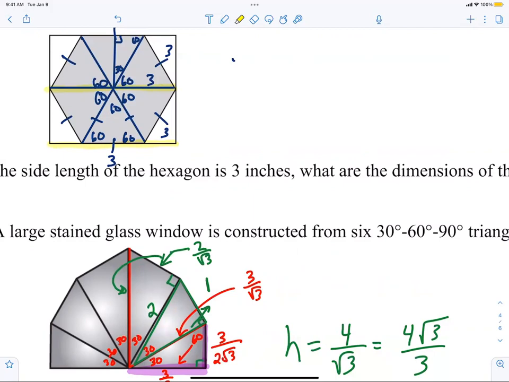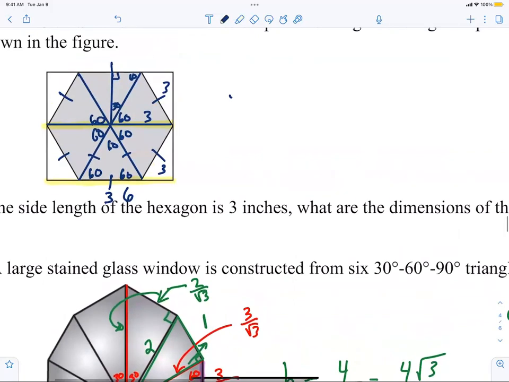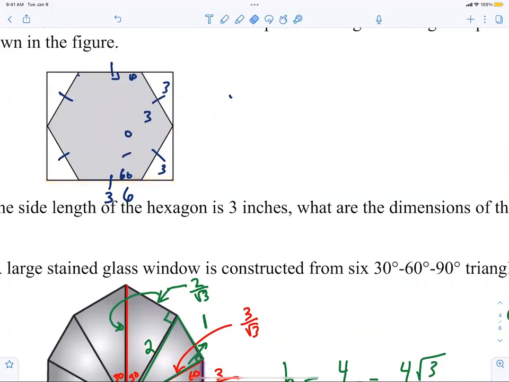Right now, again, the reason why I'm spending a little bit of extra time on this is because the SAT, the ACT always have 30, 60, 90 triangles. All right. So does everybody agree the width of the box is 6, correct? All right. So now I'm going to erase a little bit here so it's not confusing. All right.